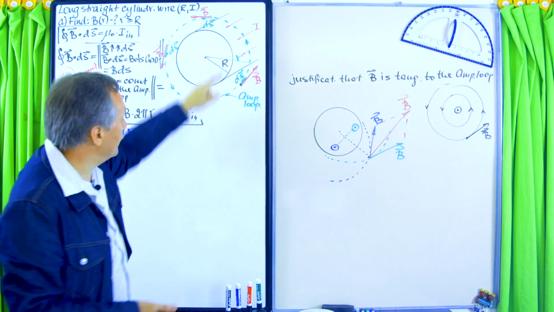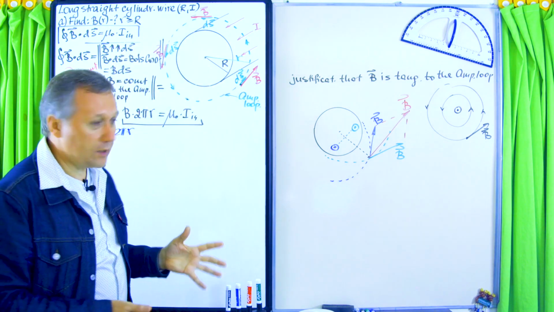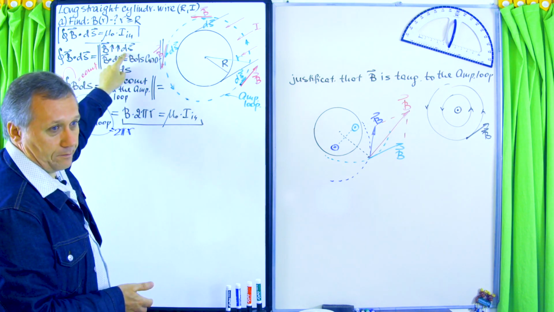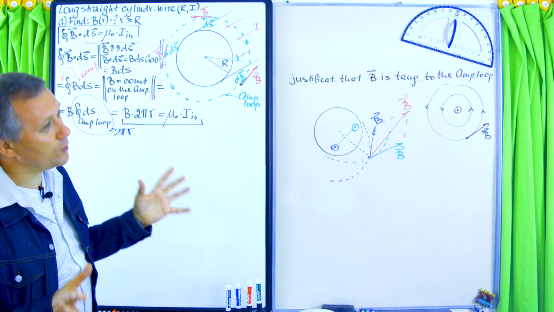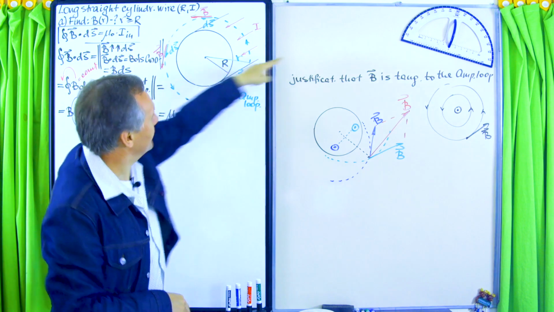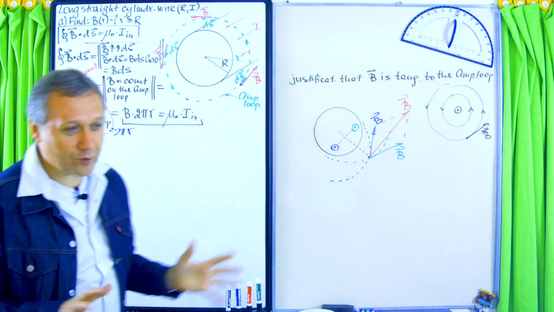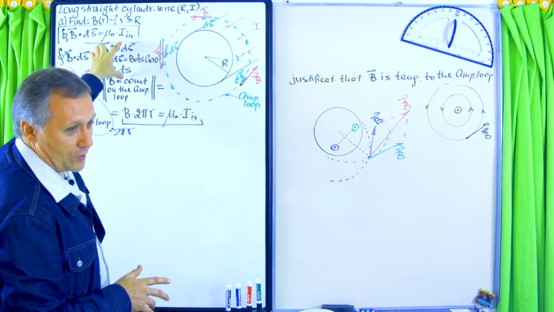But if you pick an ellipse as your Amperian loop, then ds is not going to be parallel to B. It will be parallel probably in 4 points, this point and that, for example, only 4 points. In the rest of the points, they're not going to be parallel. So it means that the first step would be impossible.